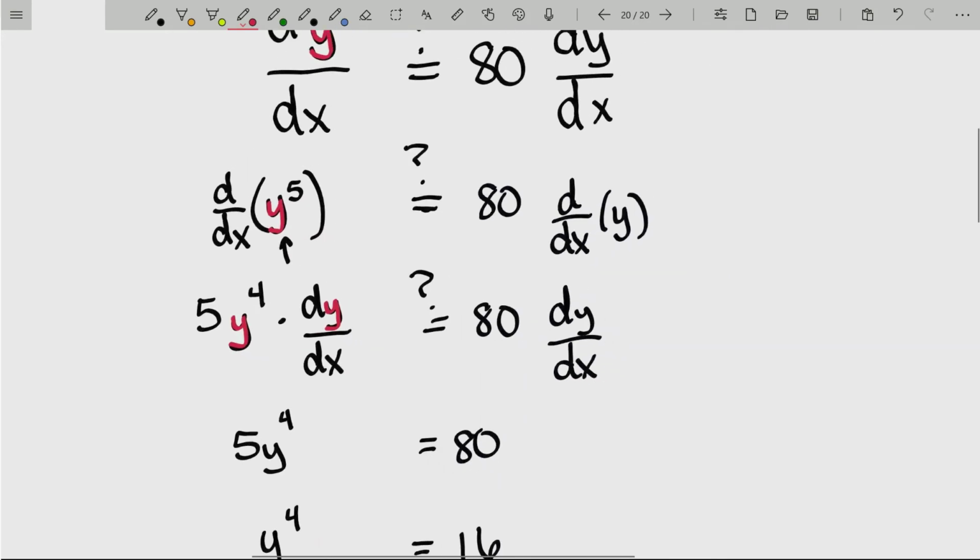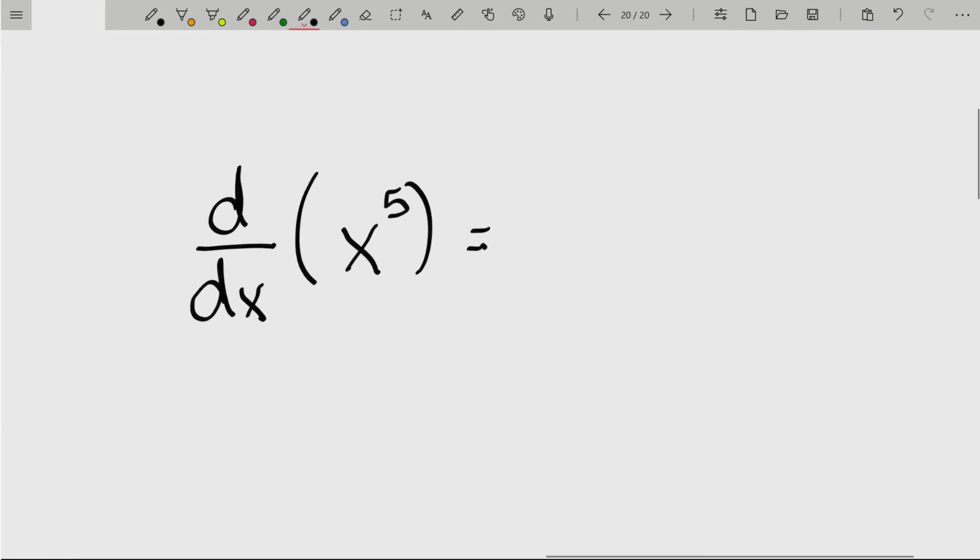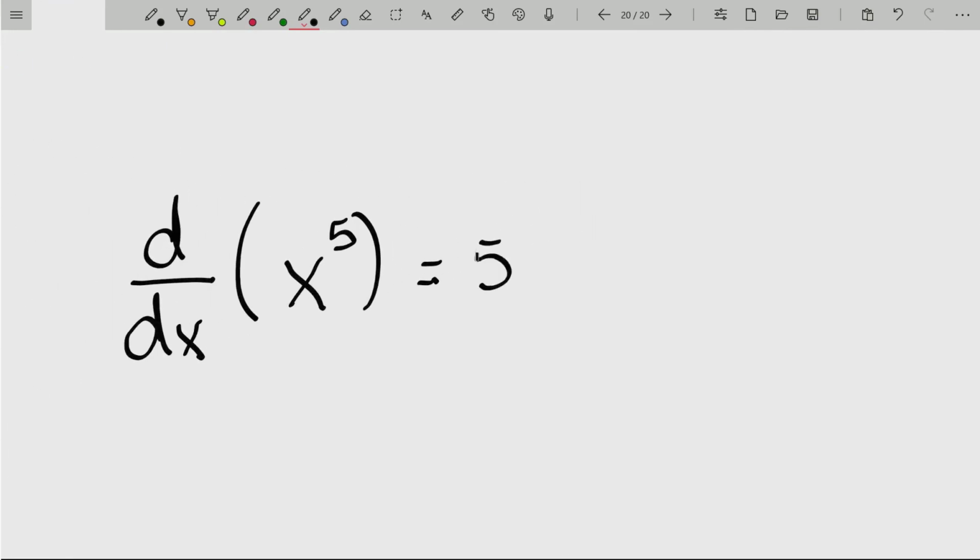You've actually been doing that with your polynomials for quite some time, believe it or not. If I asked you what's the derivative with respect to x of x to the fifth, it technically is actually 5 times that variable to the fourth times the derivative of that variable with respect to x.